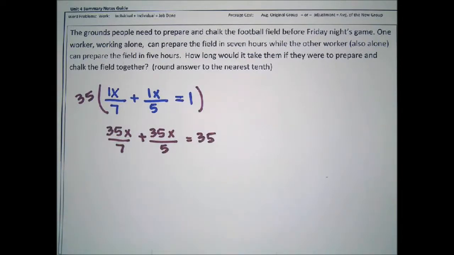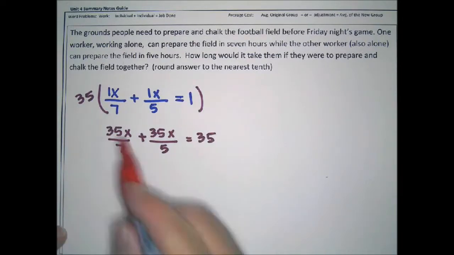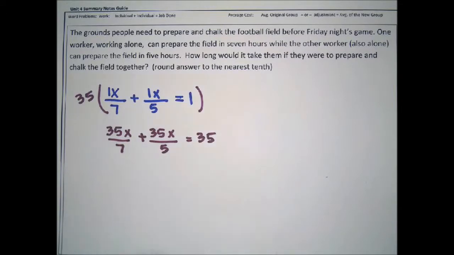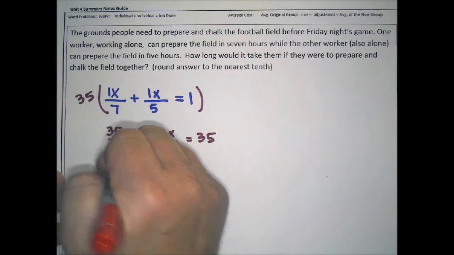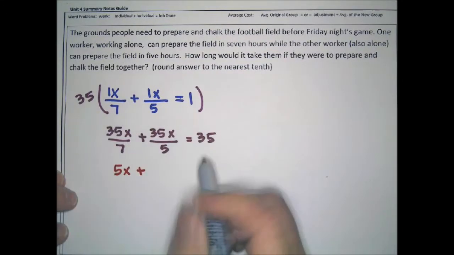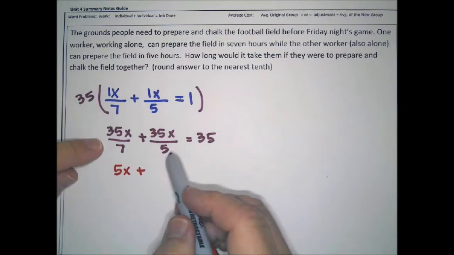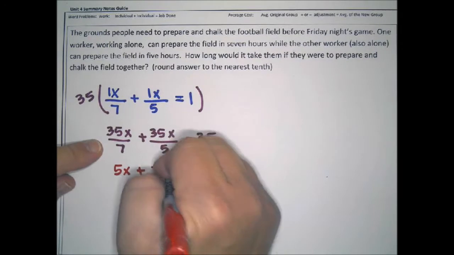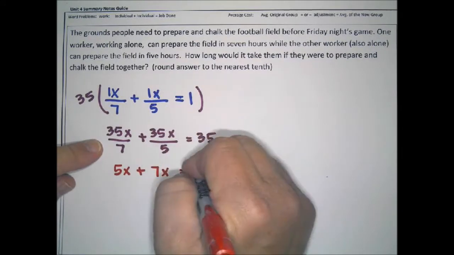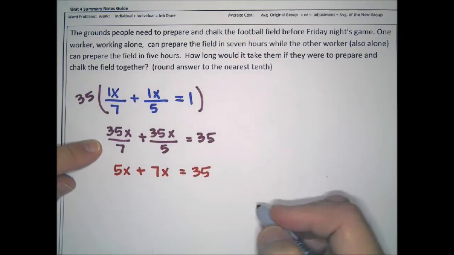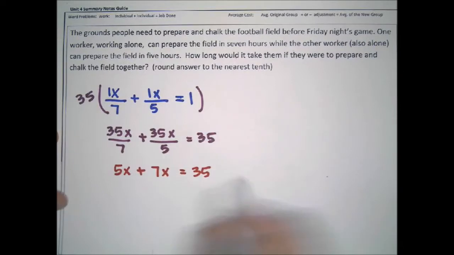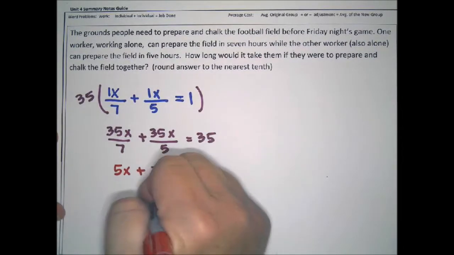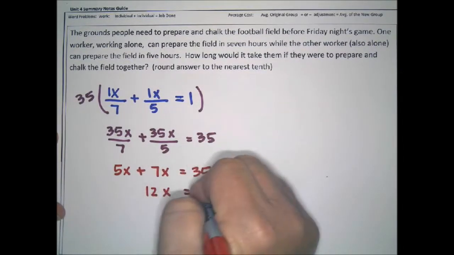Now just start reducing. 35x over 7 is 5x. Notice the fractions are going away, the denominators are clearing. 35x over 5 is 7x equals 35. So 5x plus 7x is 12x equals 35.